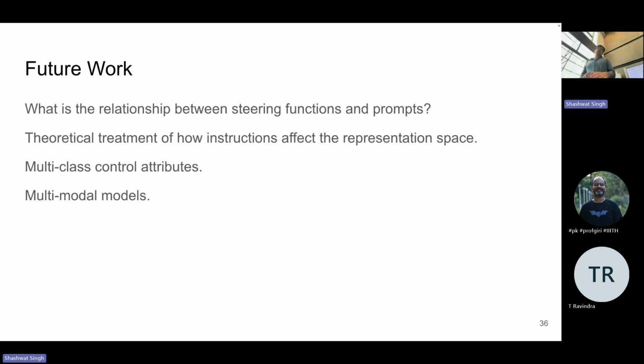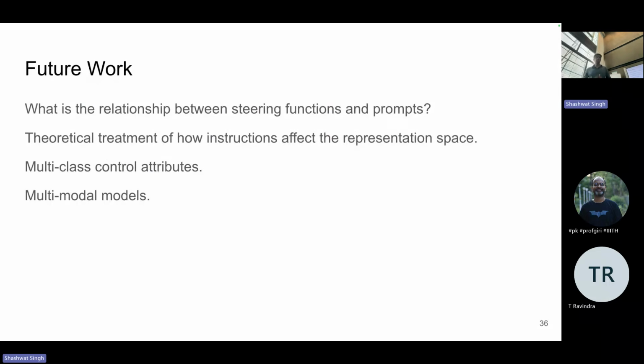The second thing is, okay, I already talked about that. Third, multi-class control attributes. Things actually get meaningfully different when you have multi-class control attributes, even if you are talking about affine functions. So that's important. That's something we don't deal with. Fourth, multimodal models.